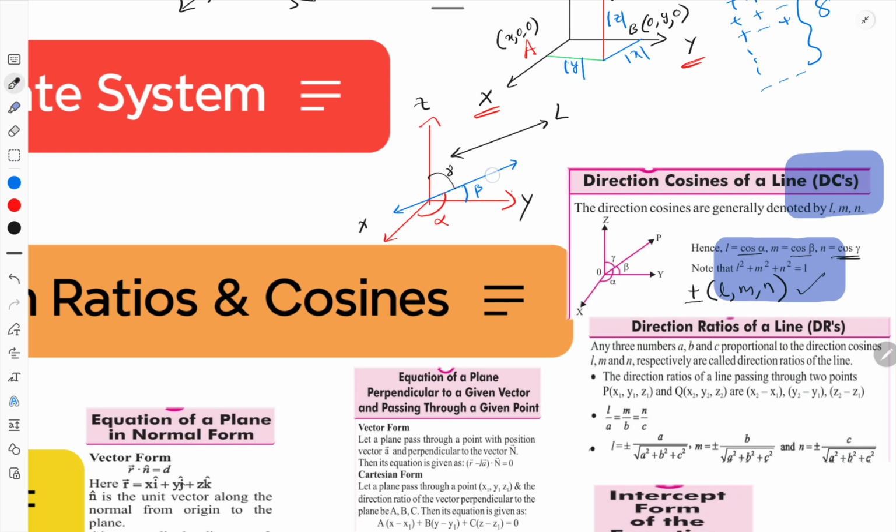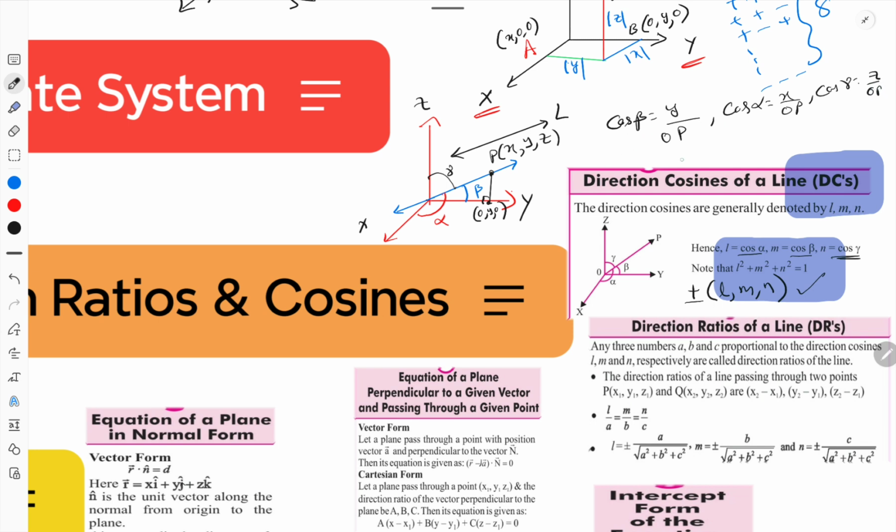Suppose you choose a point x, y, z on the line, and you drop a perpendicular to the y-axis. The coordinates of that foot will be 0, y, 0, and cos beta, if you calculate, equals adjacent, y, by the distance from the origin, that is OP. Similarly, cos alpha will be x by OP. Cos gamma will be z by OP.